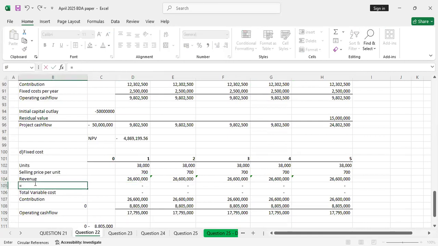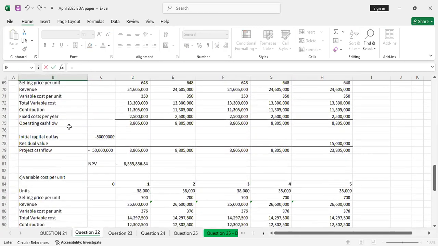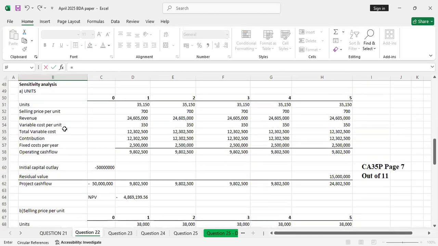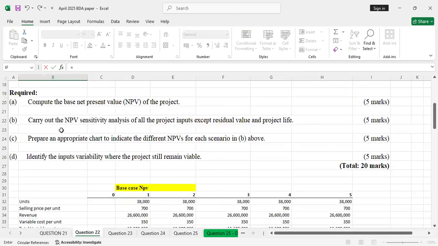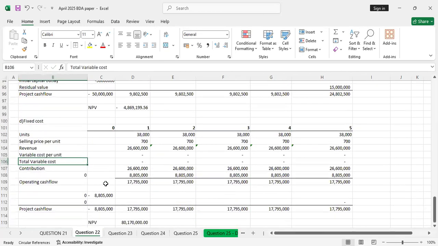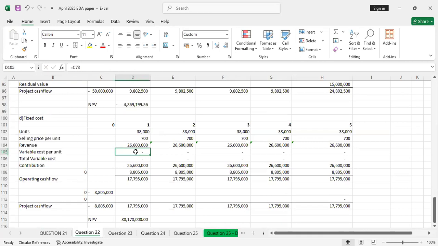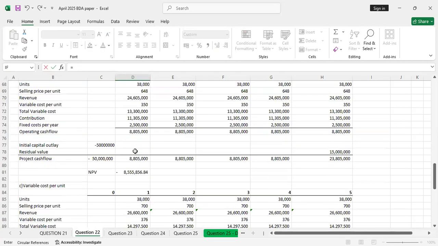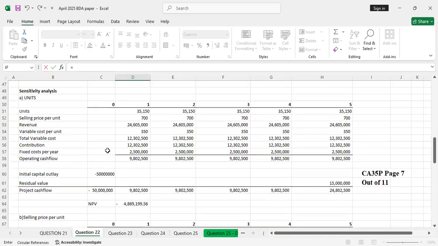Therefore, we have the variable cost per unit, which is 350. Variable cost per unit is 350.